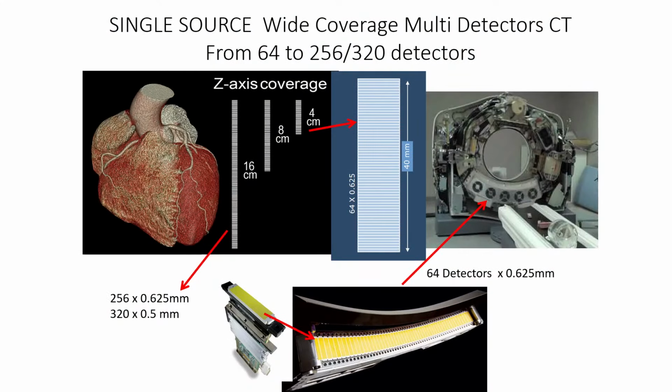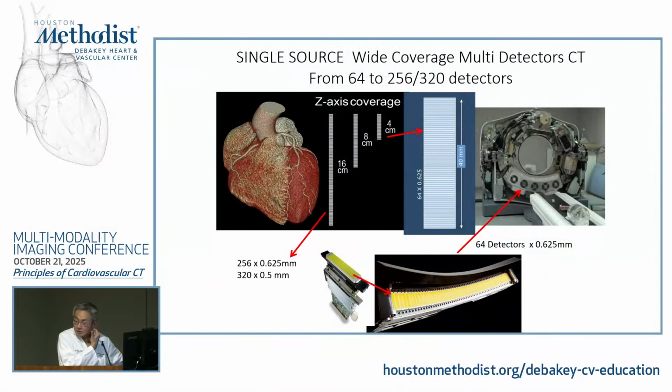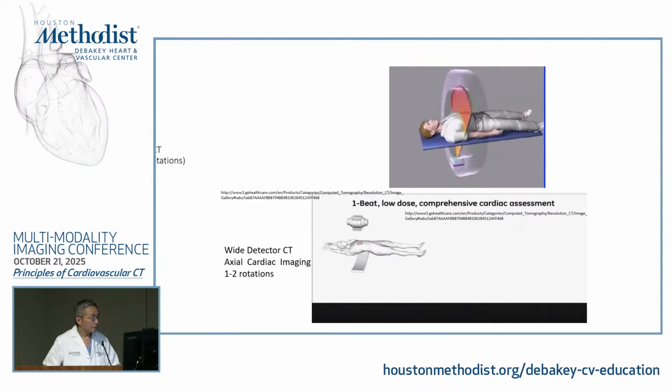And two or three other manufacturers besides the one we have provide this type of wide detector CT. So the advantage is every single heart is imaged at exactly the same time, so there's no step artifact, okay?